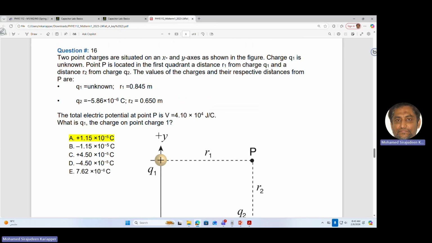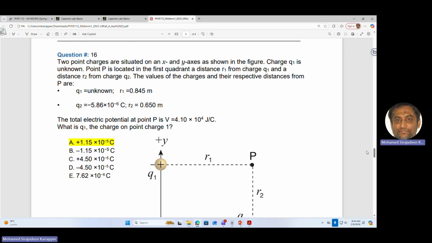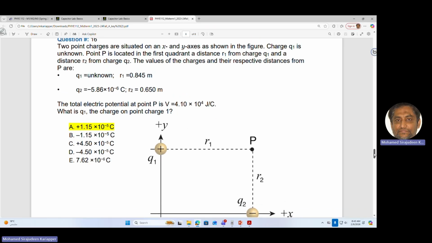Right, this one, question number 16. Two point charges are situated on an XY axis as shown in the figure. Charge Q1 is unknown. Point P is located in the first quadrant, a distance R1 from charge Q1 and a distance R2 from charge Q2.